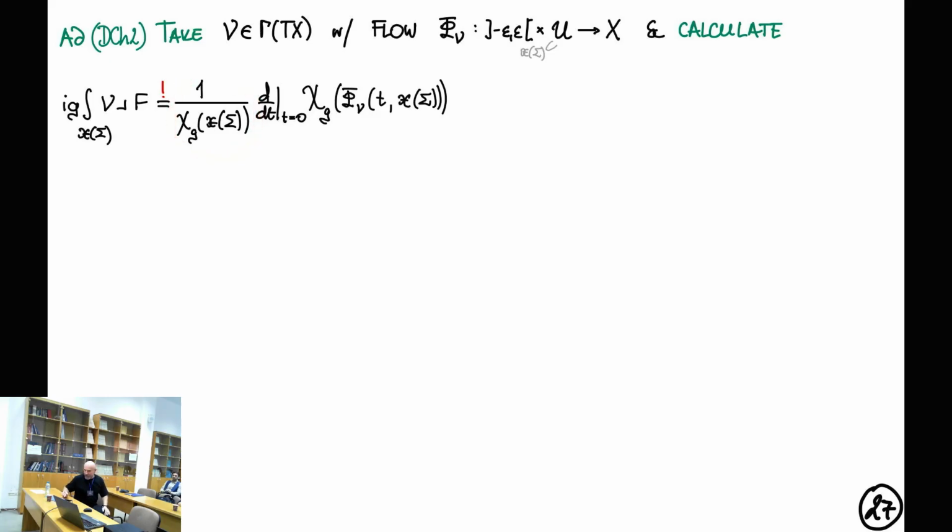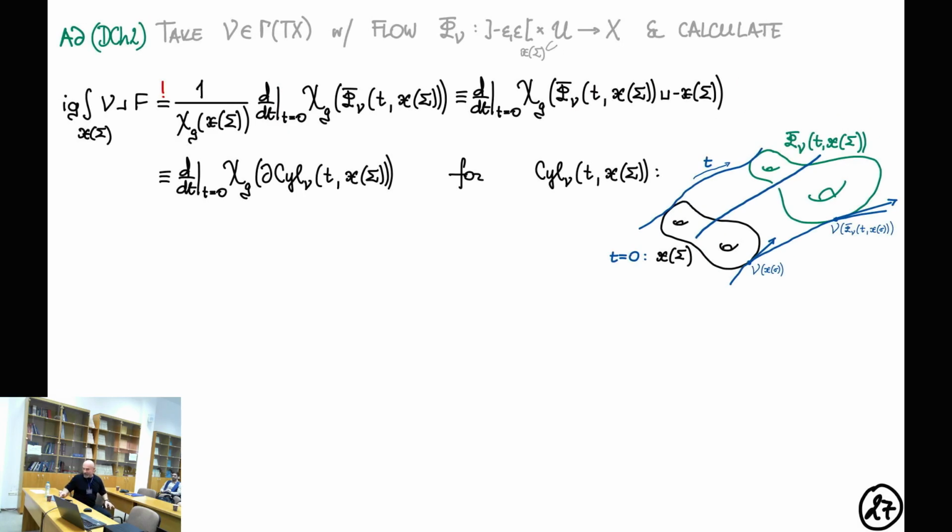And now I compute. So I can pull this term under the derivative and use the fact that chi is a homomorphism: chi of two cycles is chi on their sum. So I put it as a sum. Ta-da. But now the division is changing the orientation of the cycle.